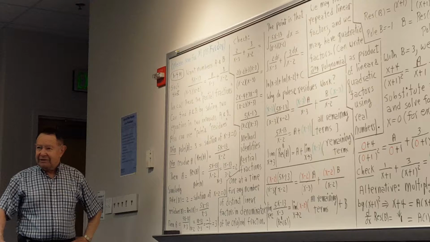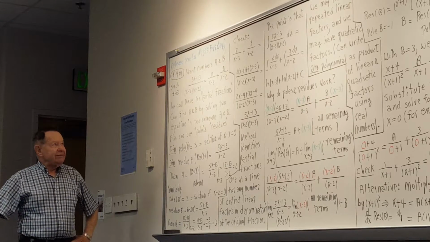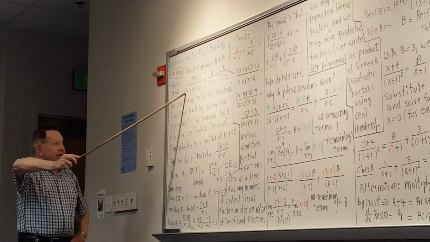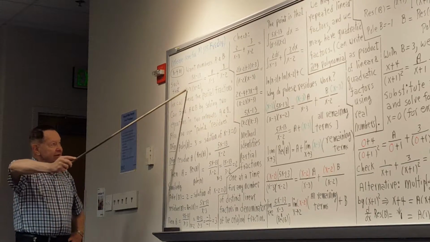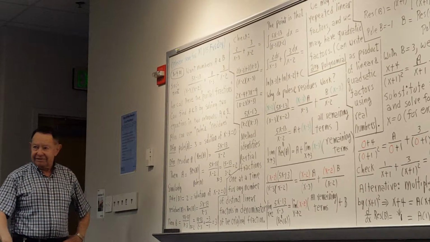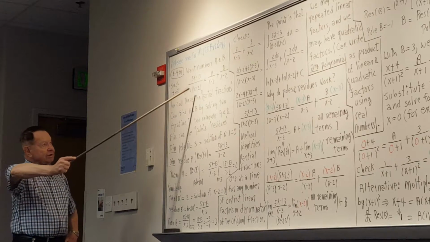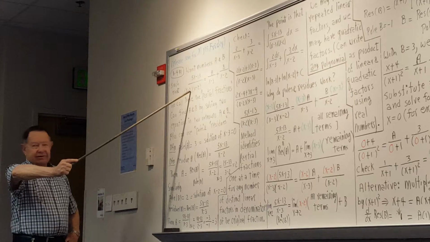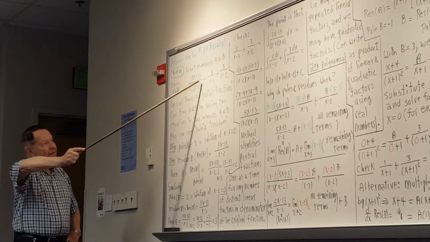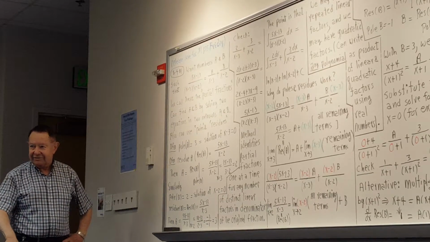So in principle, you could do this even if you had a large number of different linear factors like this. This is what you call distinct because the numbers here are different. Linear because they're first power factors.